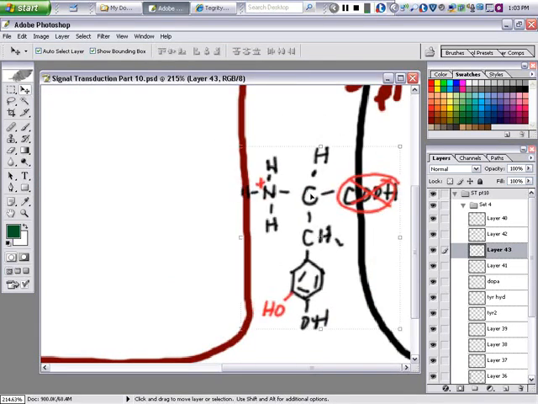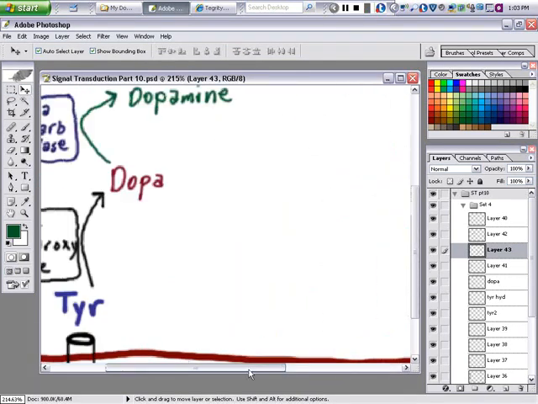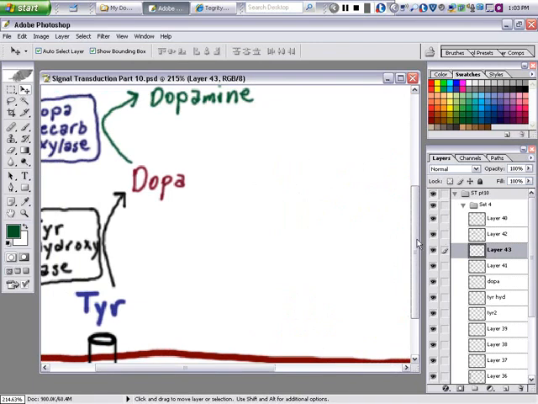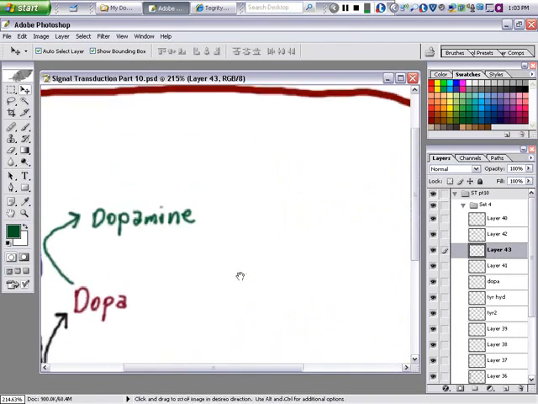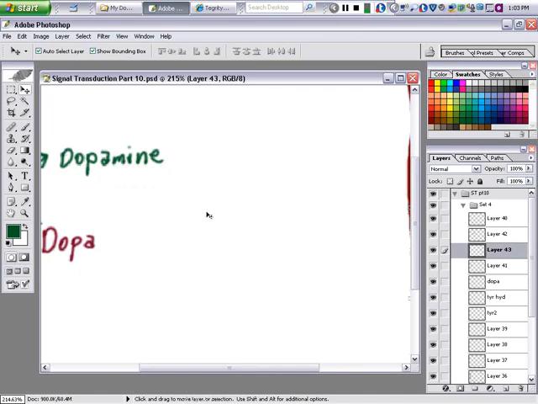And we'll come back to this later. We'll do one more step today. Dopamine is a neurotransmitter that we can use. Now we want to store it in a vesicle. We need to store this new neurotransmitter in a vesicle.